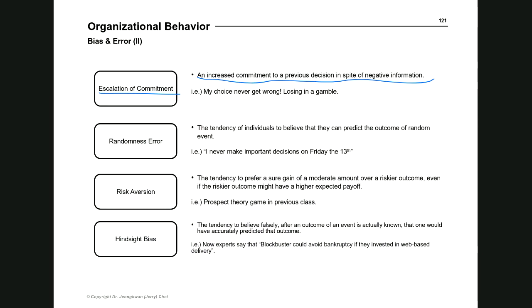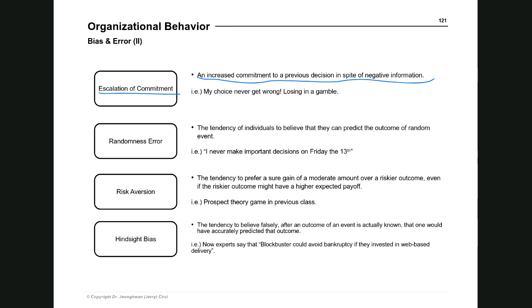Why do we choose to play? Because I believe that must be the odd number. Any reason? No reason, simply because I bet. I believe so.